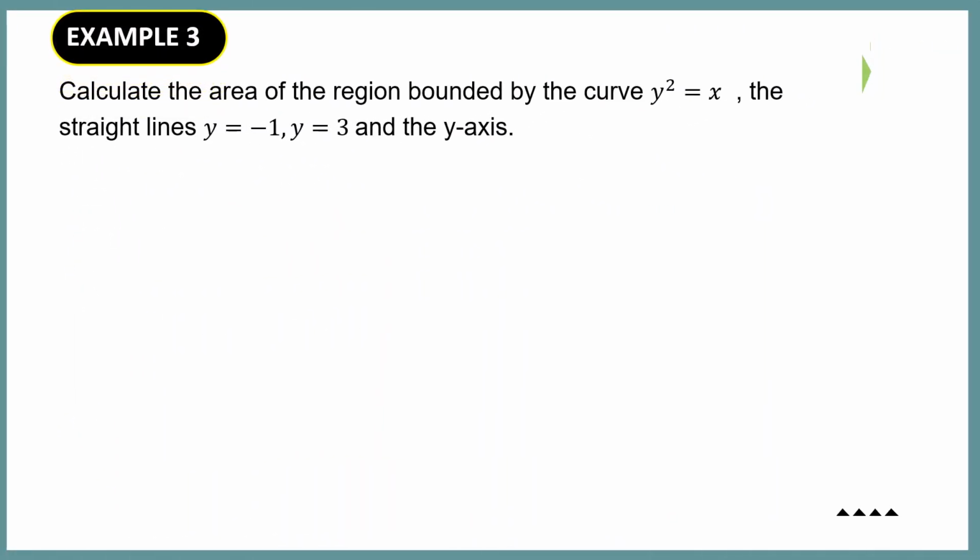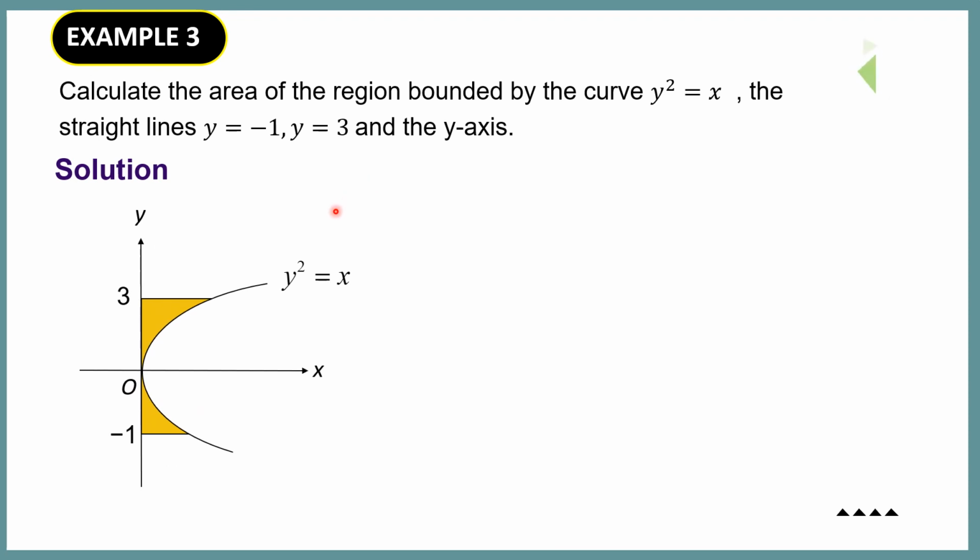For the last example, we are required to calculate the area of the region bounded by the curve y squared equals x, the straight lines y equals negative 1, y equals 3, and the y-axis. So first, sketch the graph of y squared equals x, which is a quadratic curve symmetrical about the x-axis.